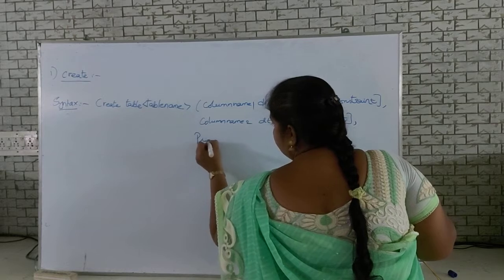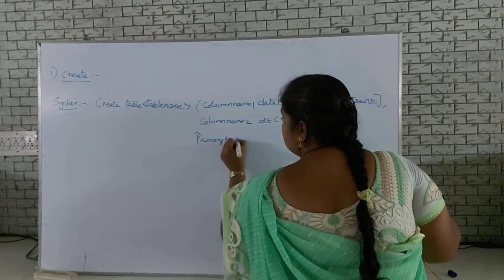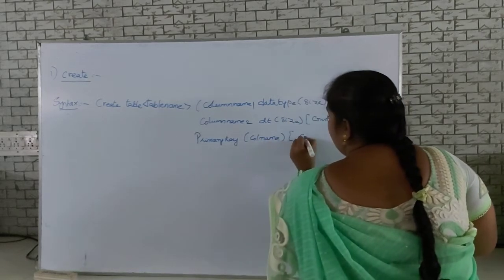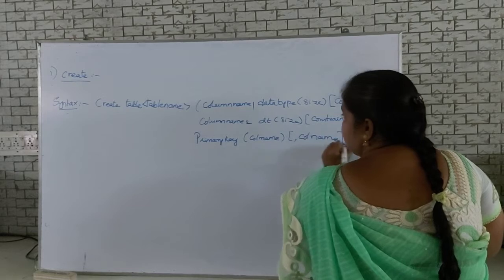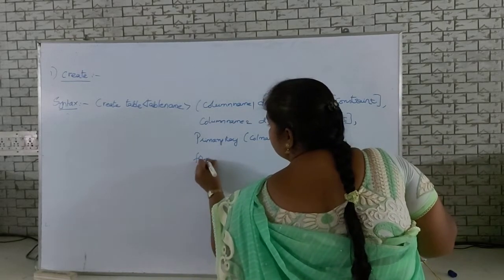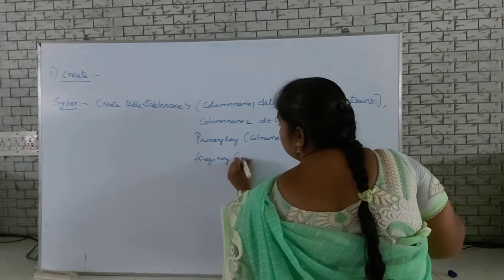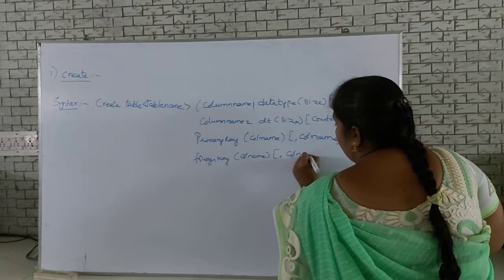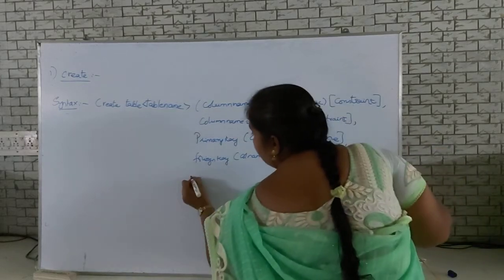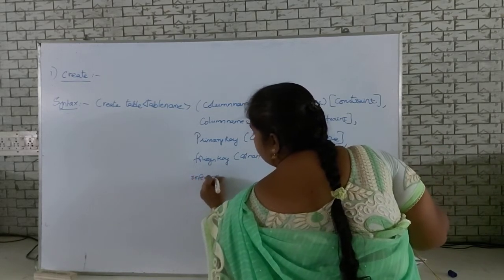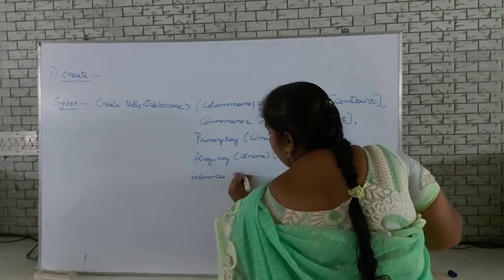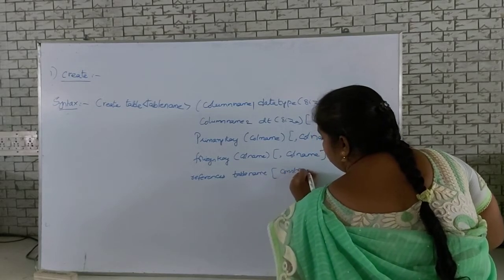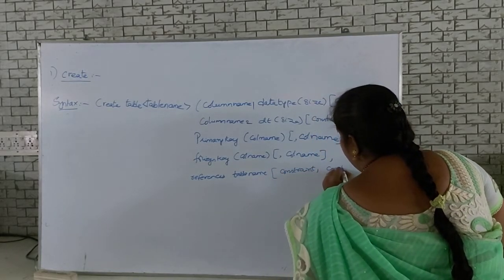Primary key column name, foreign key column name references table name, constraint, comma constraint.